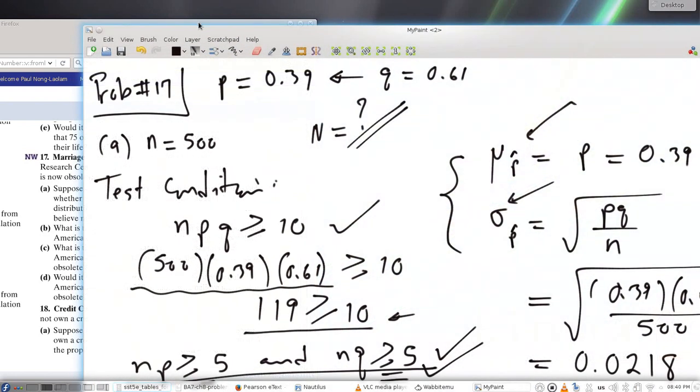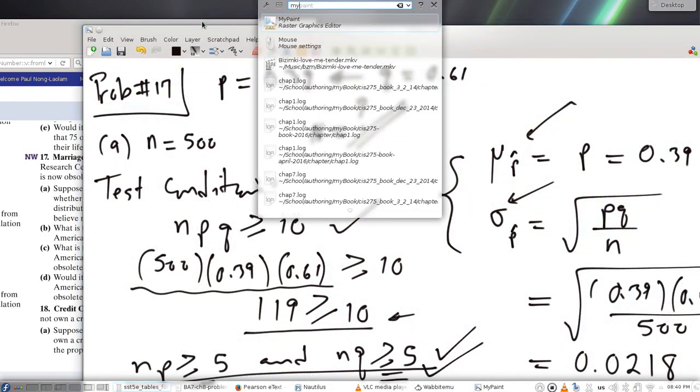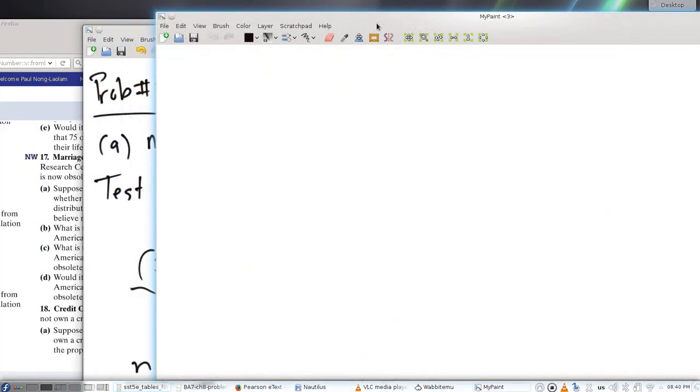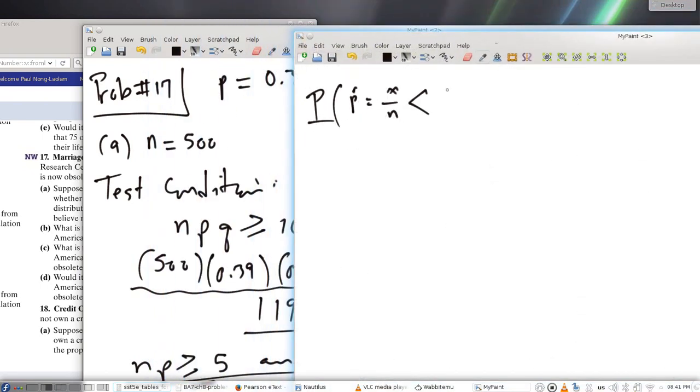So here, let me start a new sheet. We want to find out the probability, so let me write it in one expression. Oh, I did it wrong. Hold on one second, let me go back here.